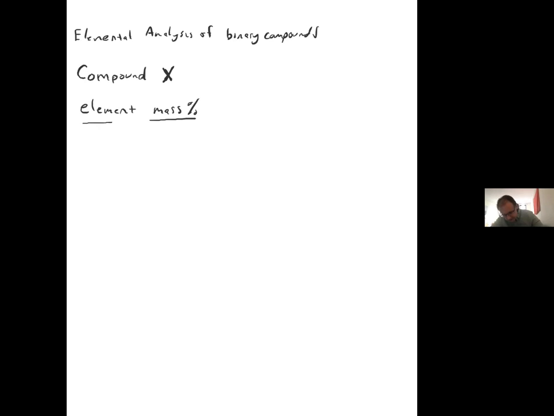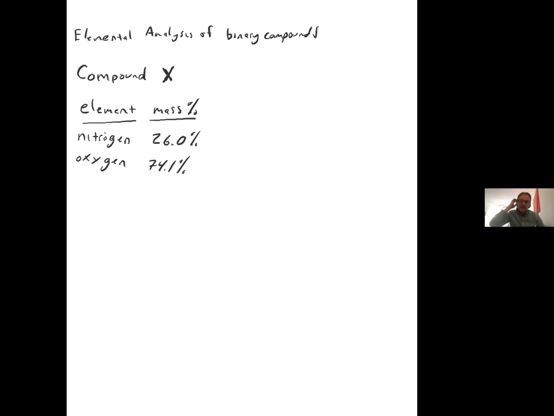The first one is nitrogen, and the second one is oxygen. Those are the only 2 elements in this compound. And the mass percent is 26.0% and 74.1%.